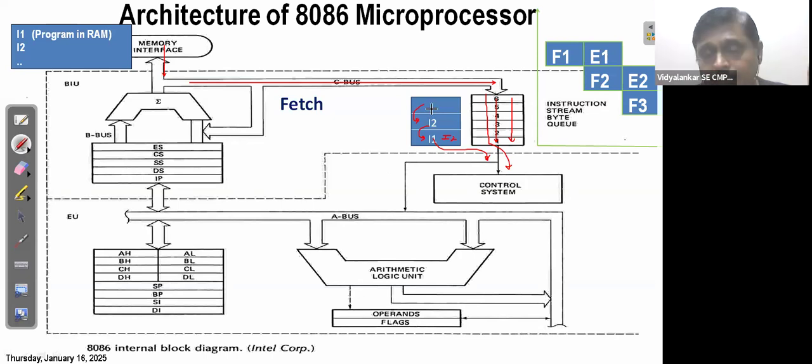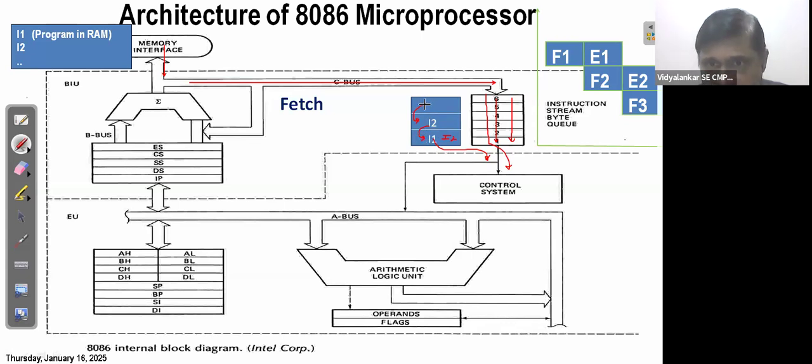Coming back, your BIU will fill this queue with instructions I1, I2, I3, and your EU will drain, use the queue. The moment your instruction 1 is taken by EU, your instruction 2 will come to the position of instruction 1.